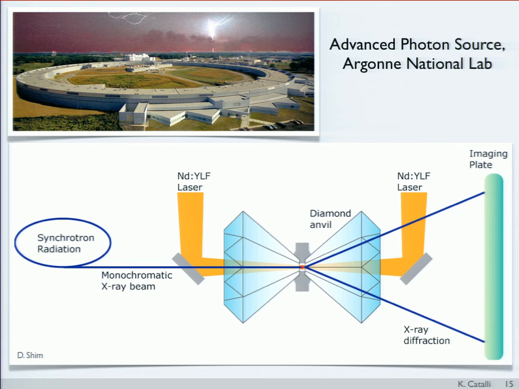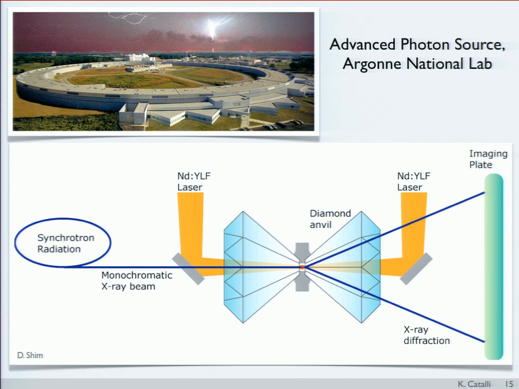So again, here's another. All of my measurements have been performed at the Advanced Photon Source at Argonne National Lab. We use synchrotron radiation to do X-ray diffraction on these samples. And here you can see a schematic of the diamond cell. We have the synchrotron radiation coming in from one end of the diamond cell, and out the other side we measure X-ray diffraction from our sample.